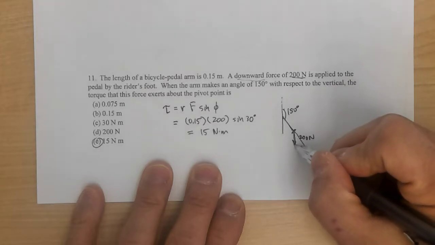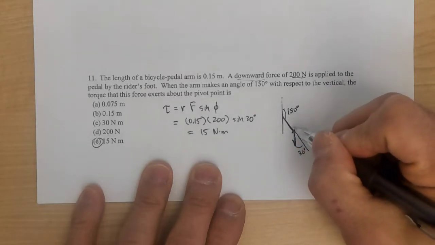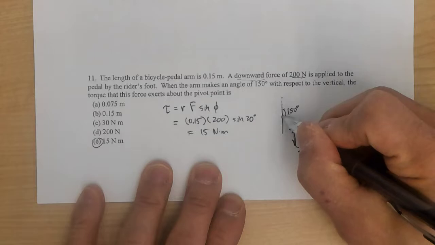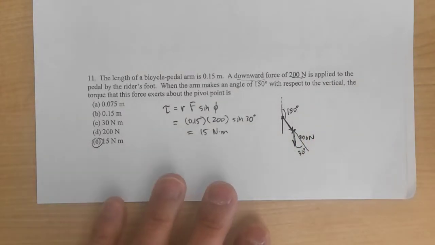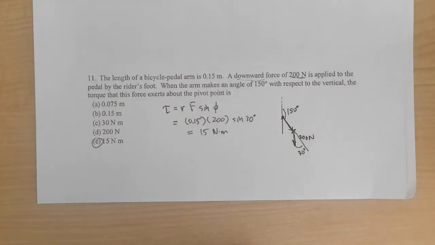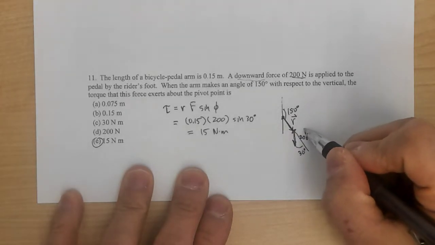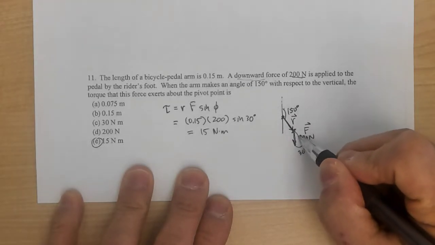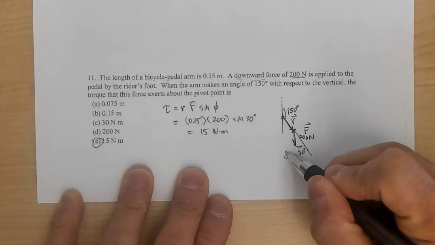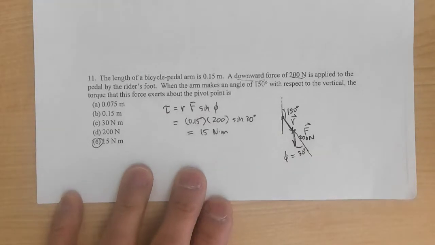Okay, so here's the force, here is the rotation point. So this is our vector r, this is our force vector, and we need the angle between them. This angle phi is 30 degrees.